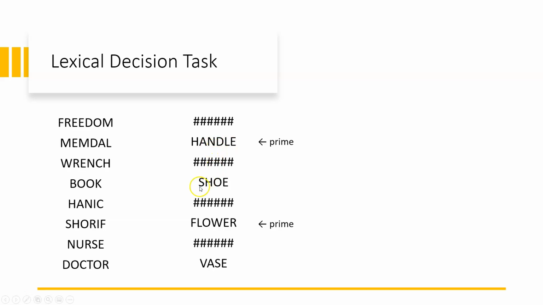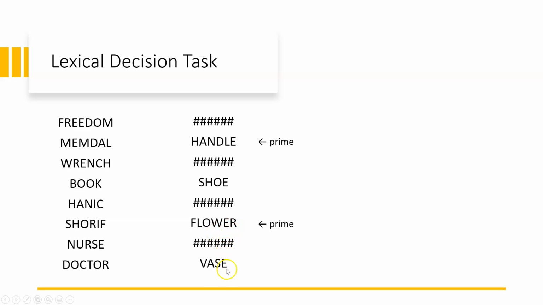And then they're presented with the word shoe and asked, is this a real word or not? And they, as quickly as possible, try to say yes or no, that's a real word. But then in some of the trials, they will be presented with the pound signs, and a prime that's semantically related to the target word will be flashed on the screen so fast they won't even see it.